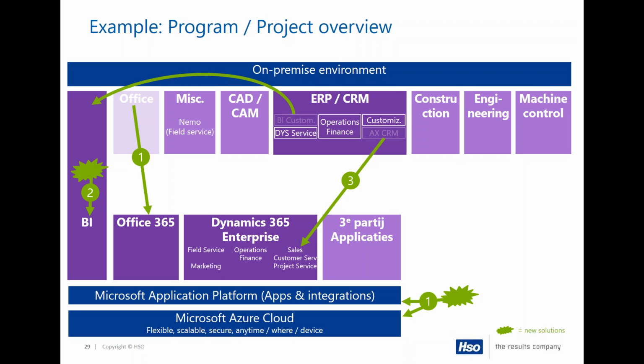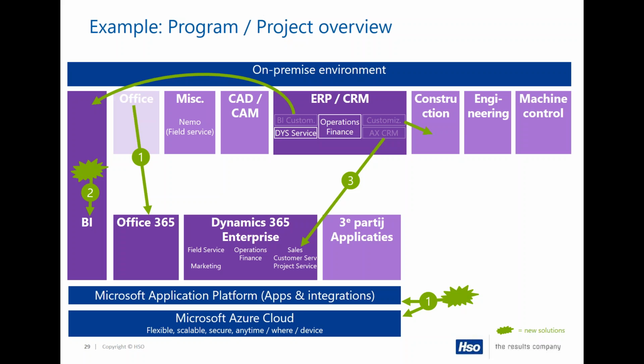So this is another example in which the base layered strategy of Microsoft is visible, in which we are moving customizations and other parts which are not finance or operations from ERP to other application layers around ERP.